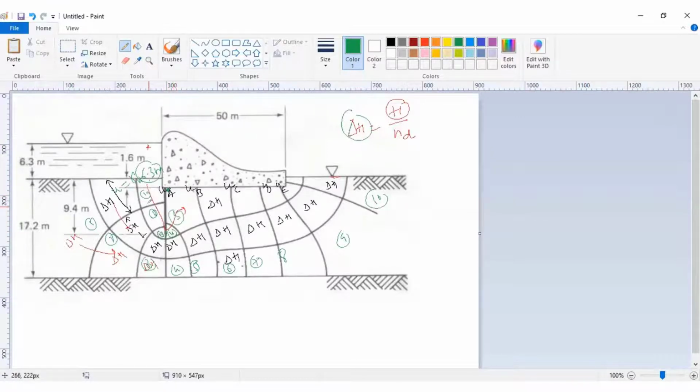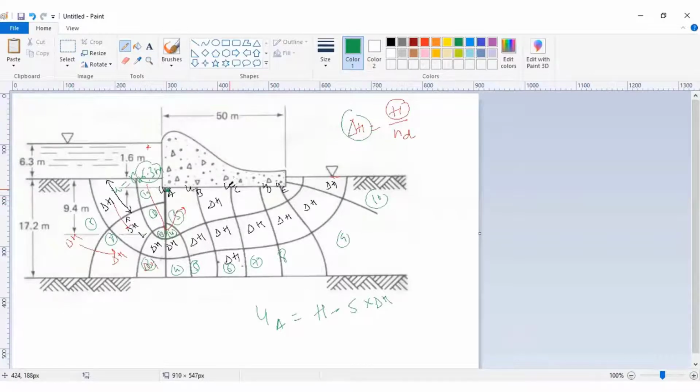After 5 drops you reach point A. So the uplift pressure at point A is the head H acting on the upstream end, minus the number of drops, 5, into delta H. This way you will get the uplift pressure at A, and then at B you can get it in the same way.